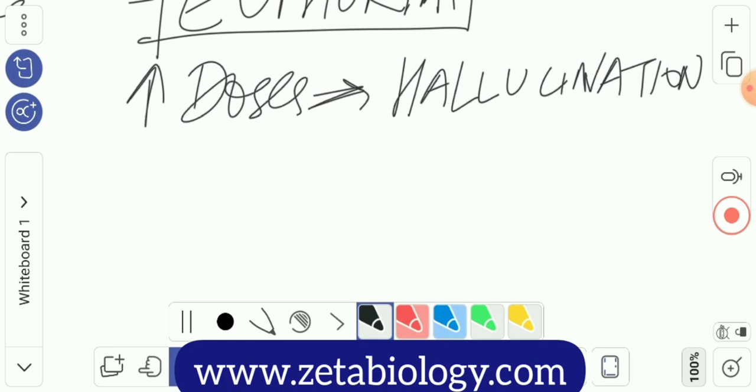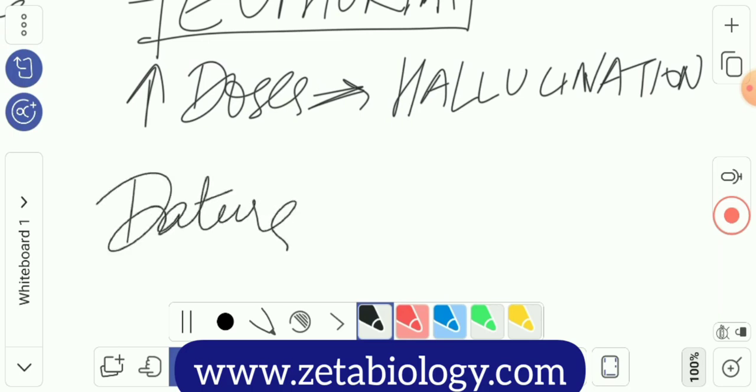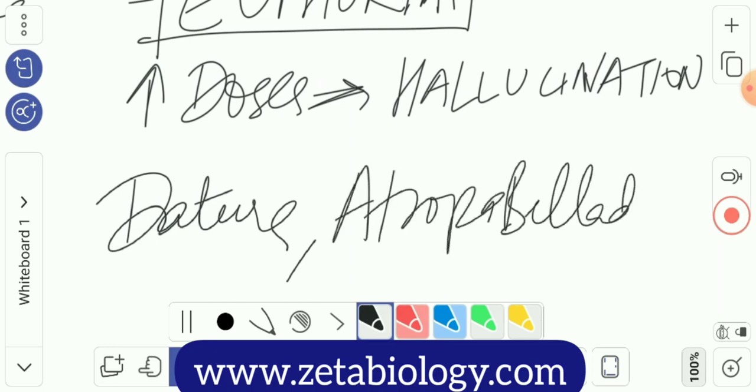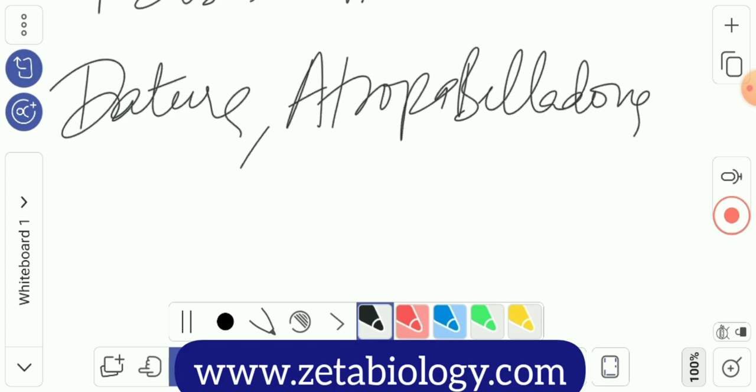And the plants from which this drug is obtained are datura, atropa belladonna.